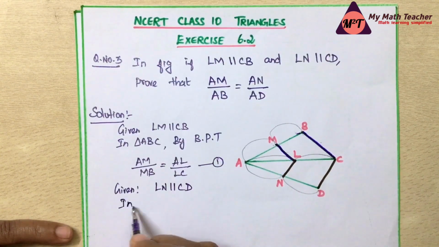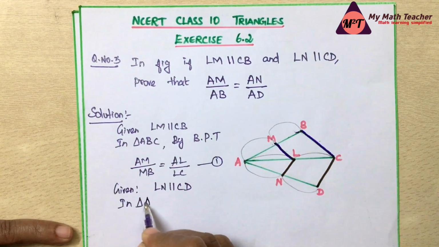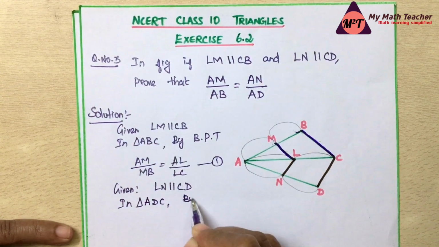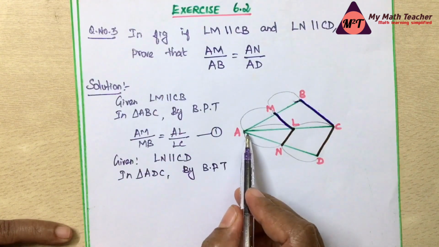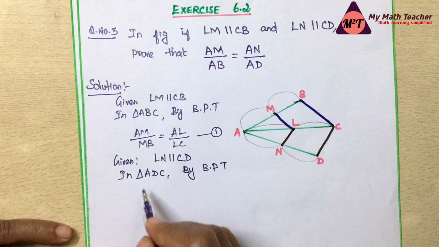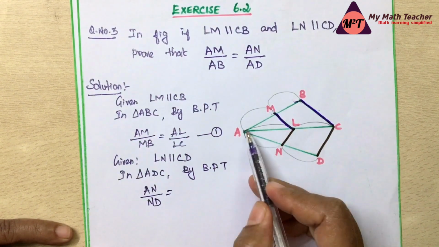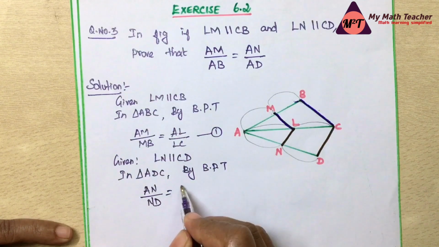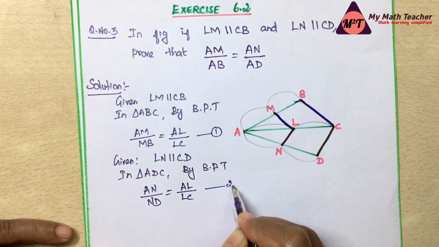Now in triangle ADC by basic proportionality theorem, we can say that AN divided by ND is equal to AL divided by LC. This is considered as equation number 2.